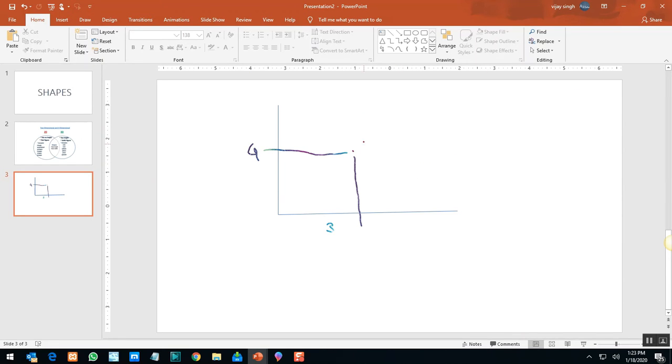So the address of this point is 3 and 4, in brackets. But if the same point starts flying, we will have one more dimension added. Normally we call these dimensions the x dimension and the y dimension, and if this point starts flying, we call it the z dimension, meaning the third dimension.